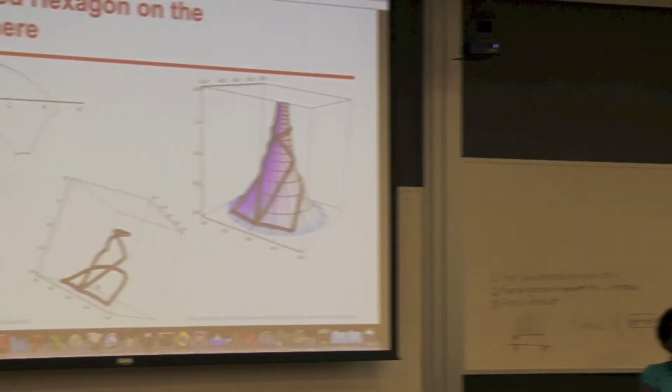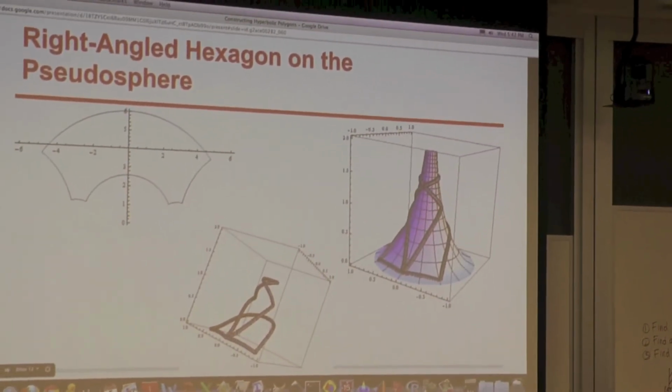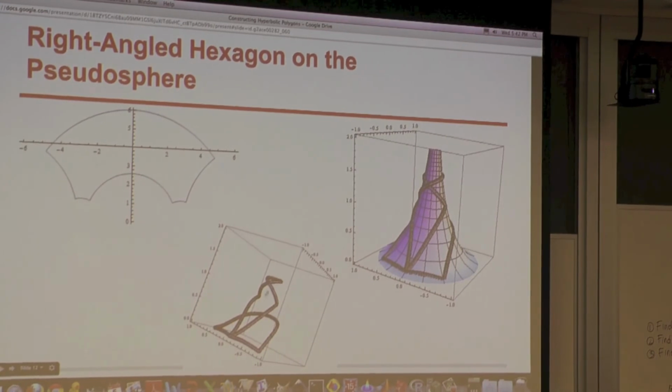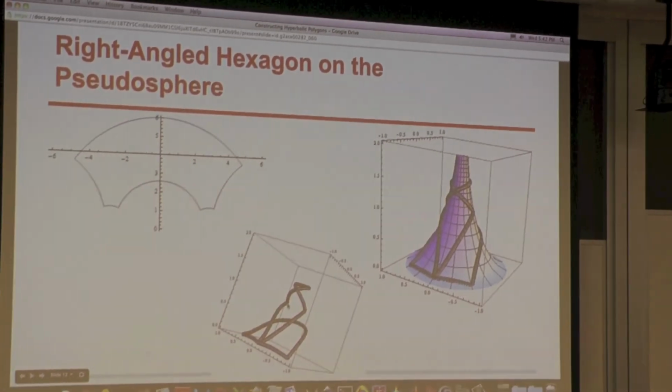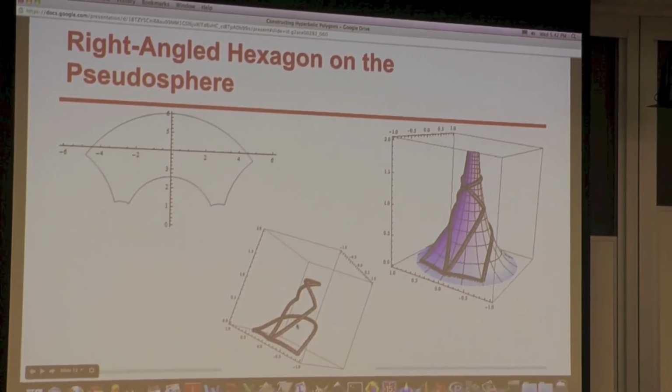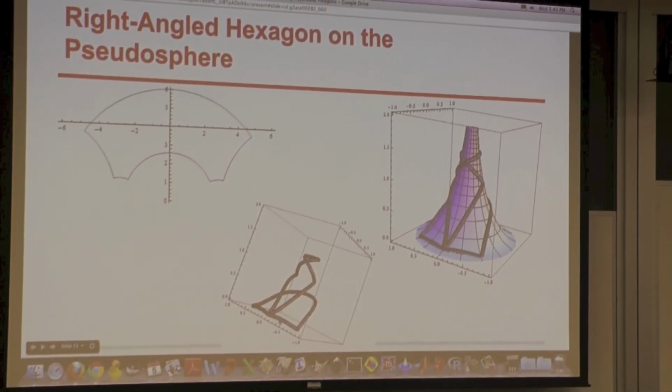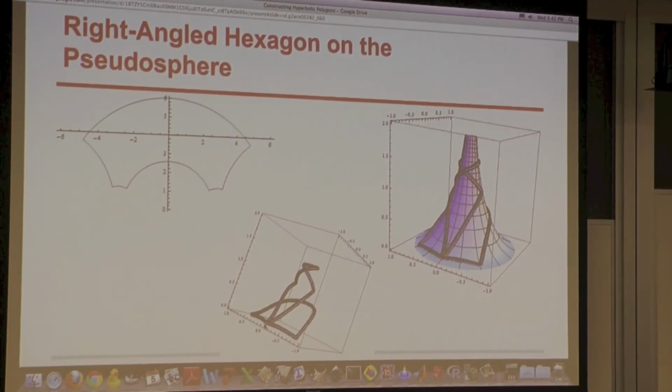So this was just how we chose to map it. And then taking the right angle hexagon and putting it on the pseudosphere, you get this right here. You can count one right angle, the second, the third, a fourth, a fifth, and a sixth. But the fifth and the sixth overlap, right?